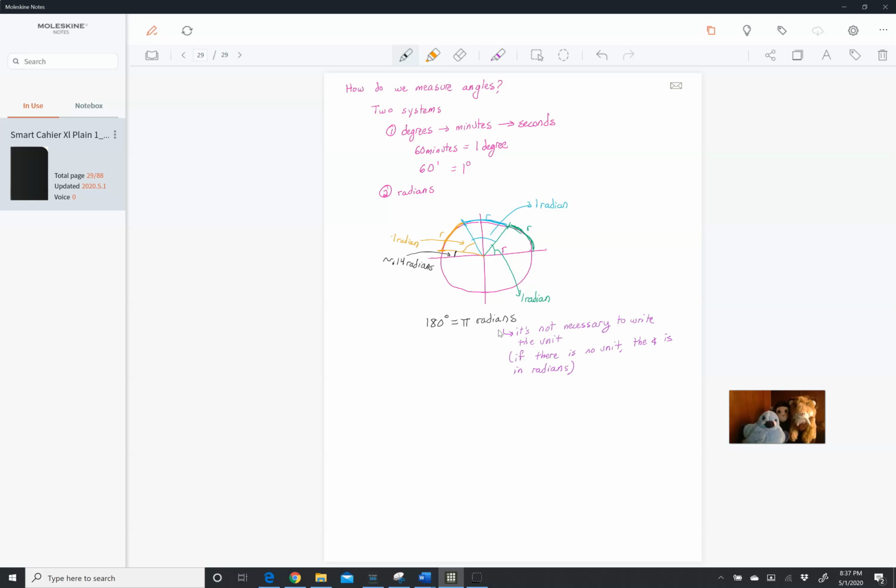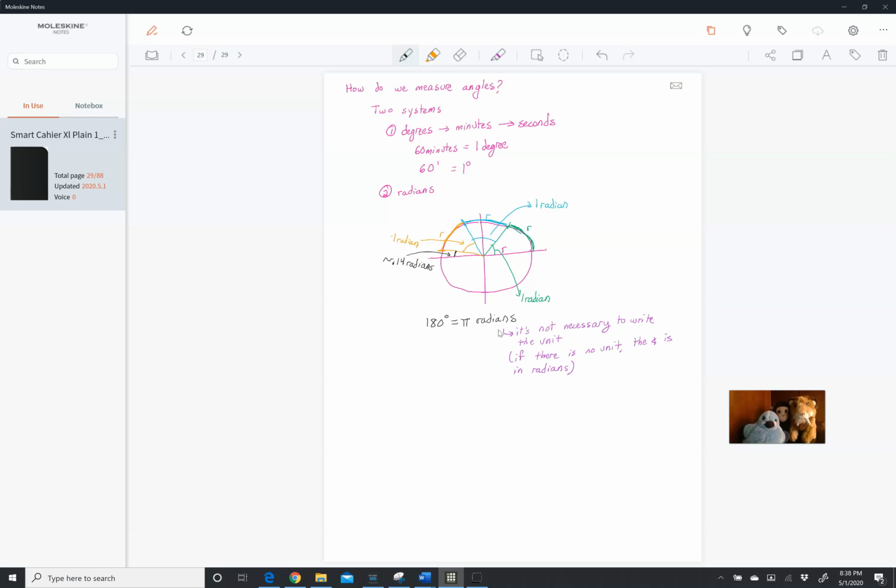We have loads. We have all of these different units. In the English standard system, we have pounds, ounces, inches, feet, yards, miles. We have lots and lots and lots of different units. So we wouldn't just say, okay, well, for this one out of the many different units, we're not going to write anything.